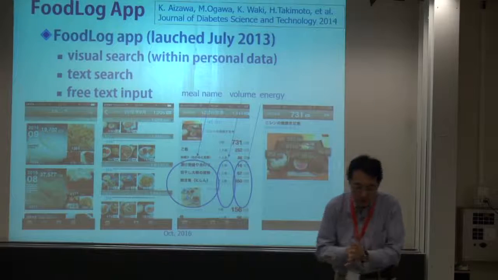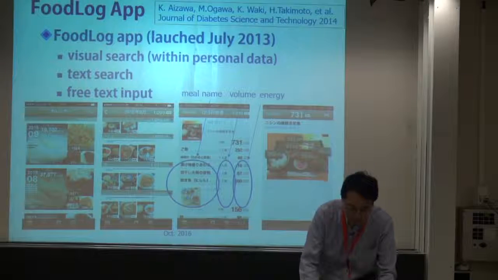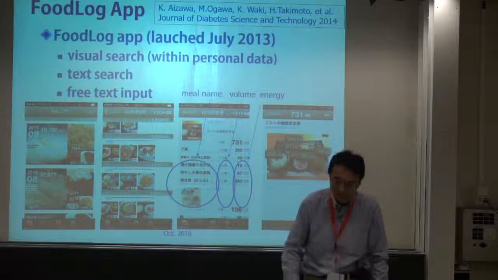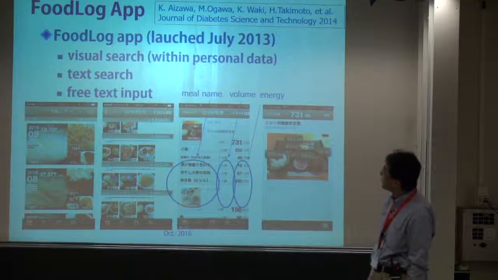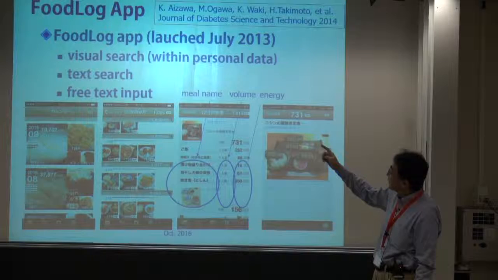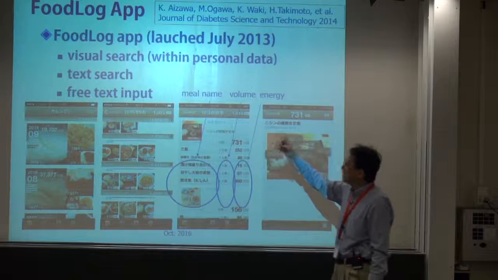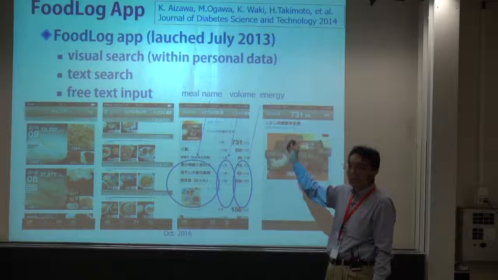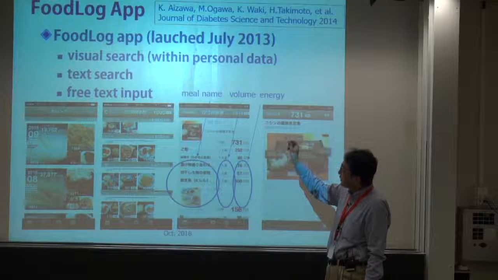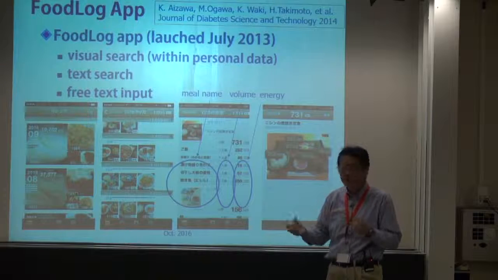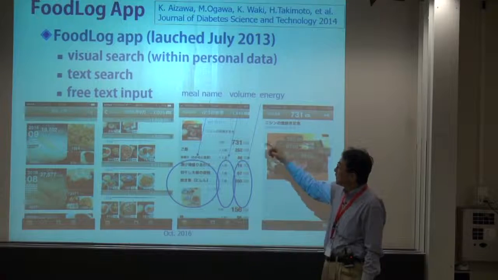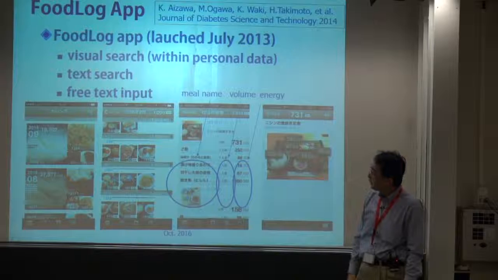Well, let me just briefly introduce this our Foodlog app. At the beginning, this is the first version launched in 2013. It has, in addition to text search, a visual search, which is limited to personal data. And we also had a free text input.